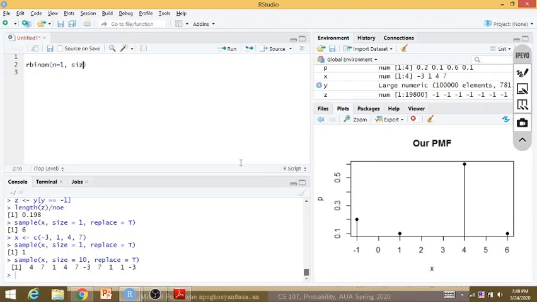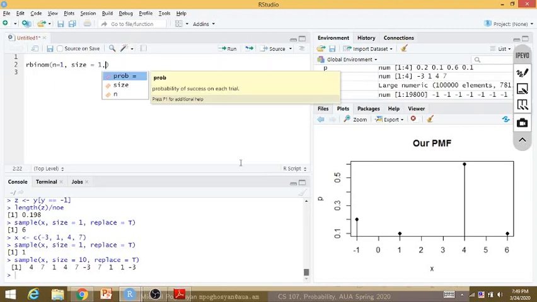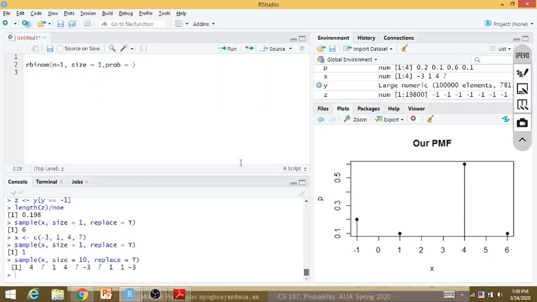And size, well, if we want to have Bernoulli, we need to take size 1. And probabilities, by the way, when standing here, how I'm opening this menu, I'm just hitting tab, standing there. So prob, this is the probability of success of 1. And say, I'm taking 0.7.